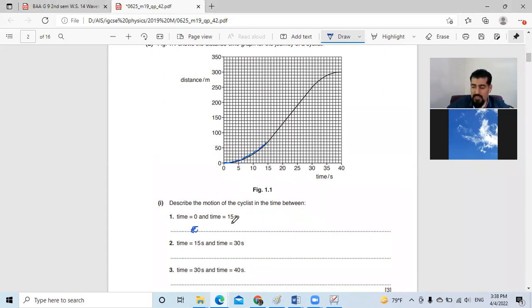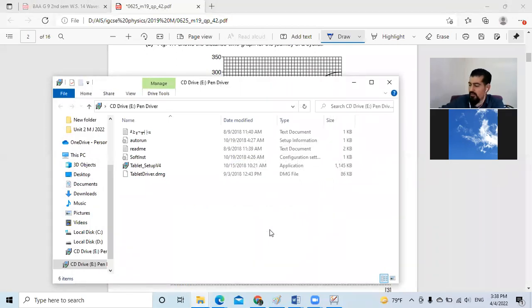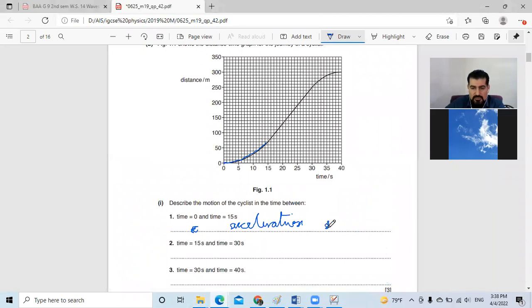So you can write acceleration, or increase in speed, or speeding up.